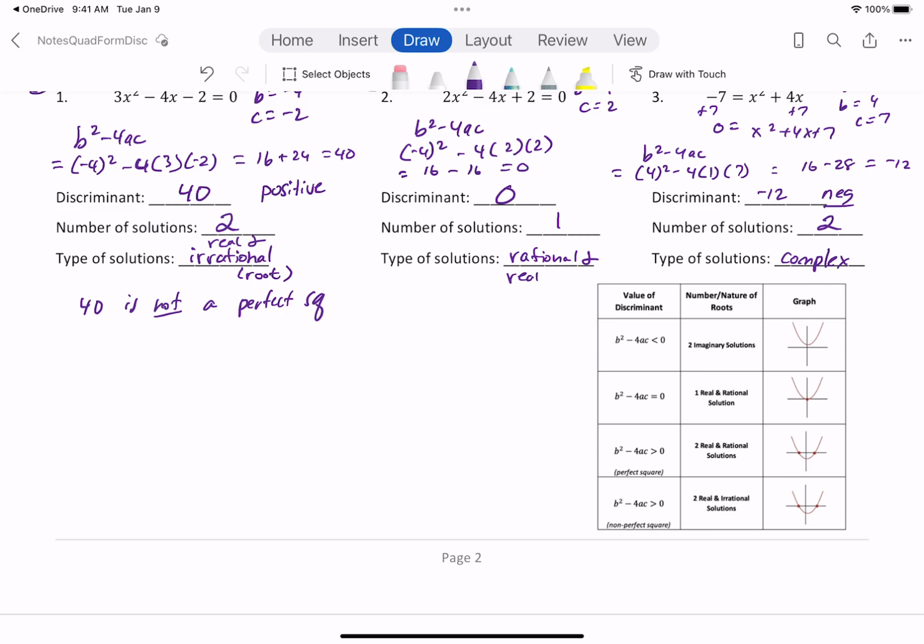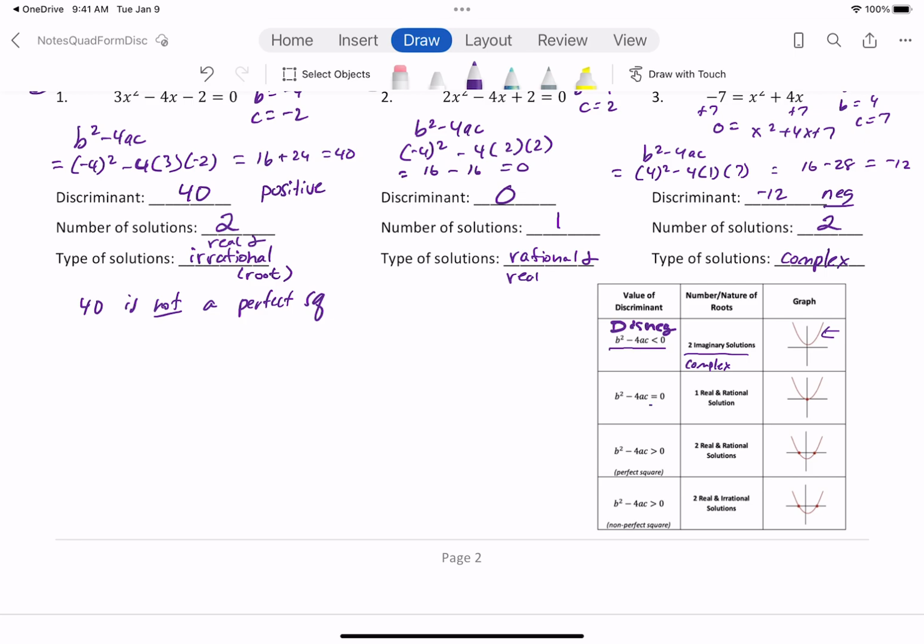So if you look, b squared minus 4ac basically says if the discriminant is negative in this first one, less than 0, then the parabola never touches the x-axis. So that means there's 2 imaginary or complex solutions.